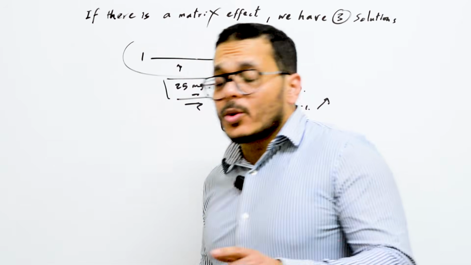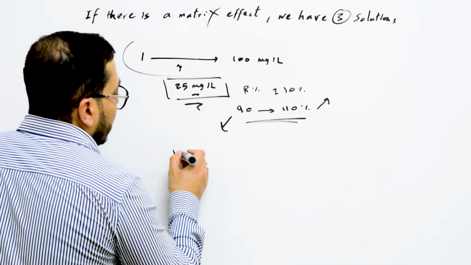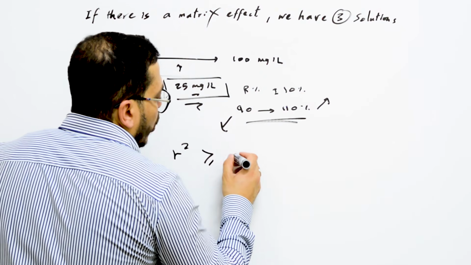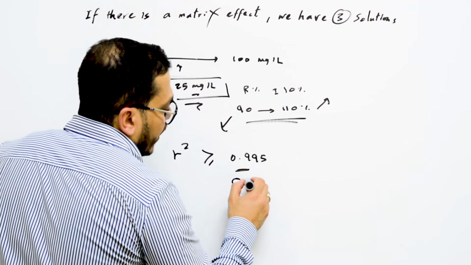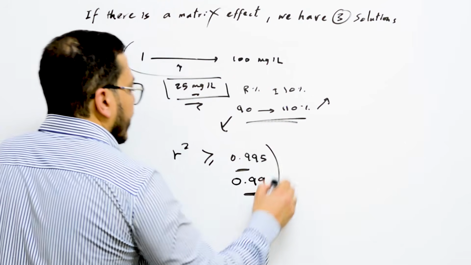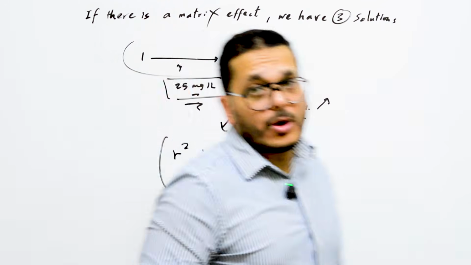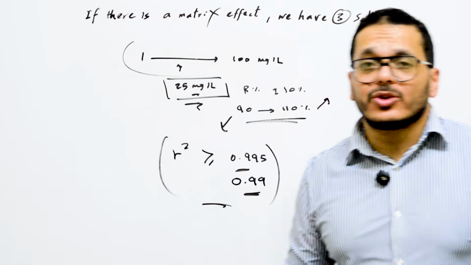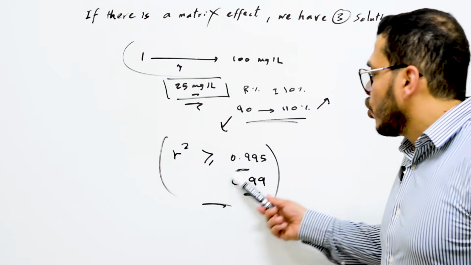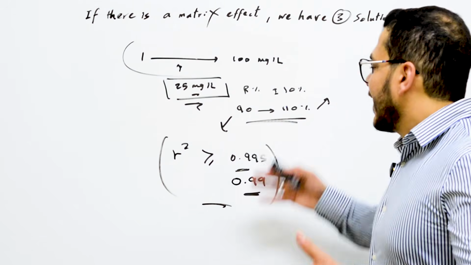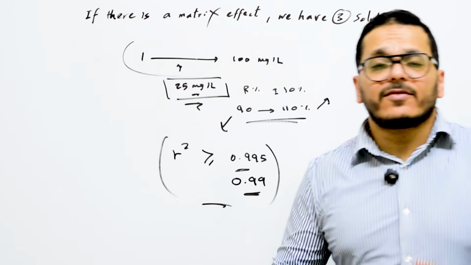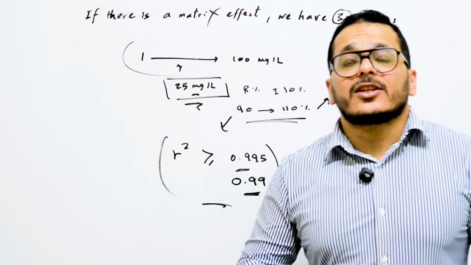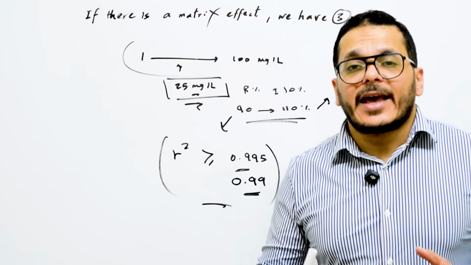And also the R square value should be higher than or equal to 0.995. In some other guidelines, higher than or equal to 0.99, according to the number of compounds. If you have multi-compounds, as in case of pesticides, you can go for 0.99, but in most cases it should be higher than or equal to 0.995 for the slope of the calibration curve to be accepted.